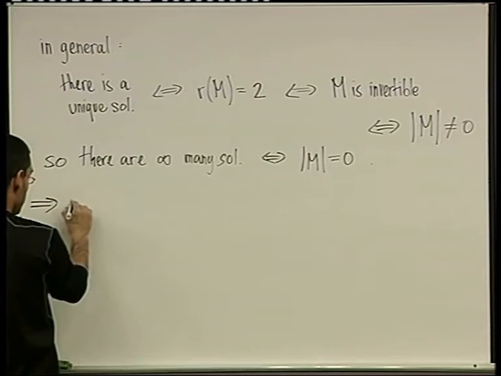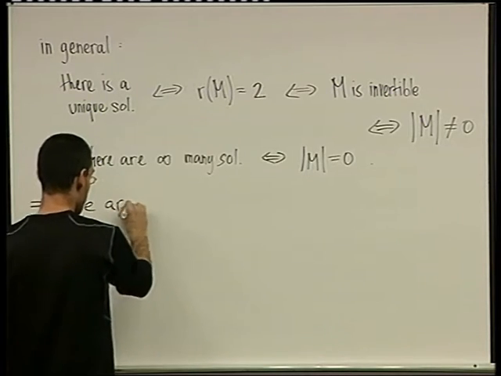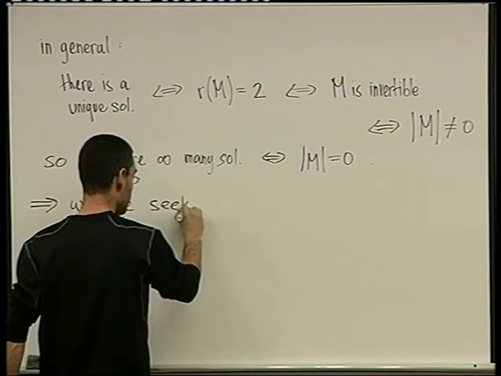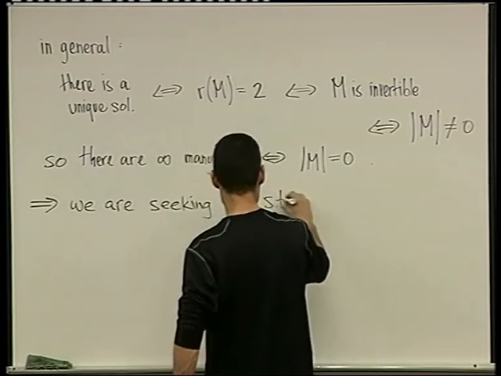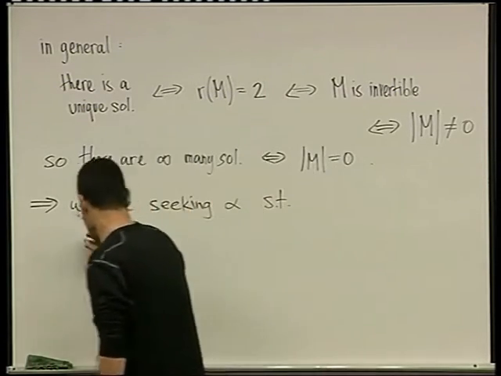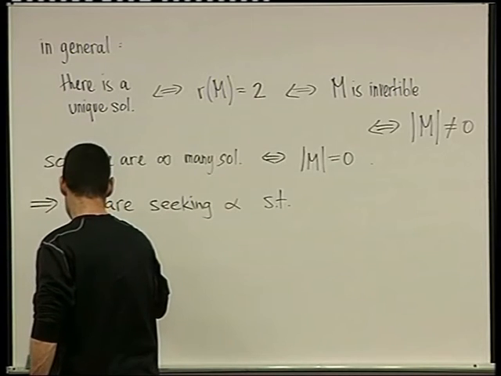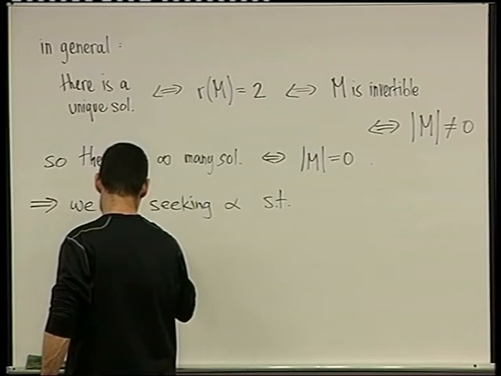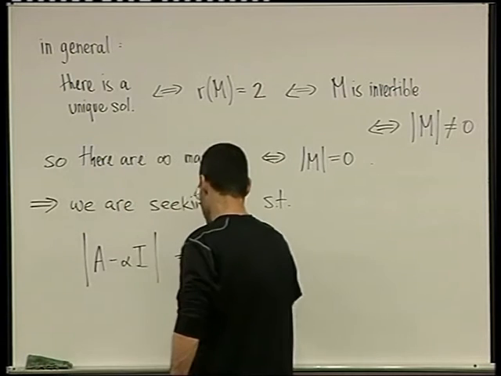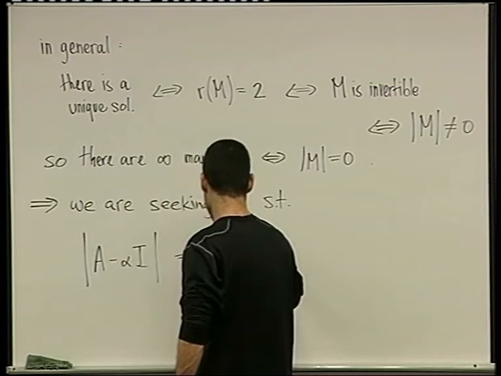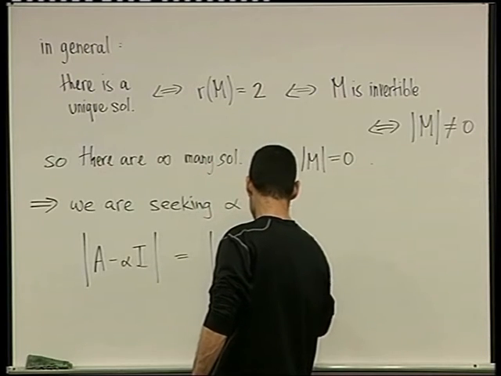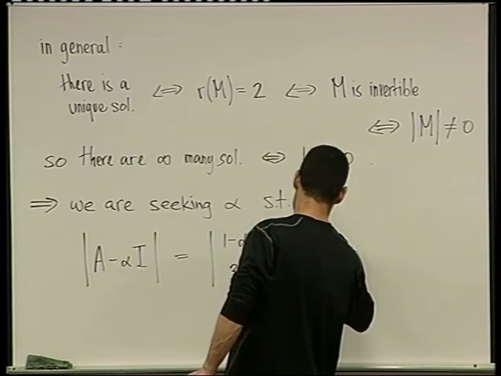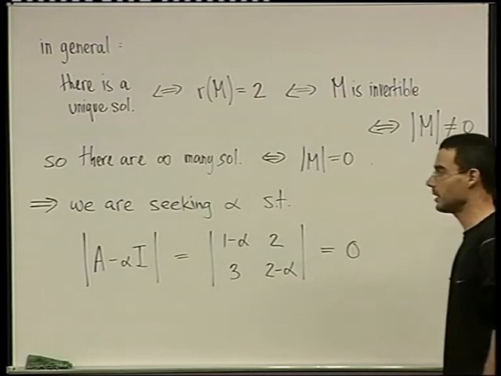The conclusion is we are seeking alphas such that the determinant of M, which was the determinant of A minus alpha I, or in our example, the determinant of [1 minus alpha, 2; 3, 2 minus alpha], is 0. That's what we want to find.